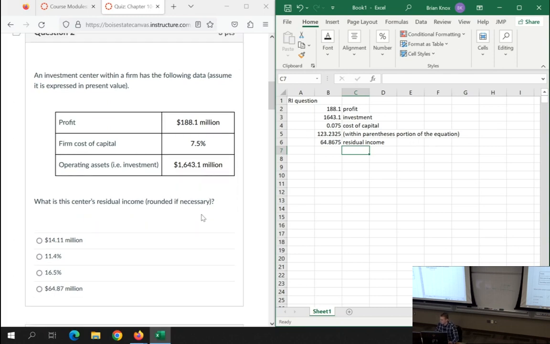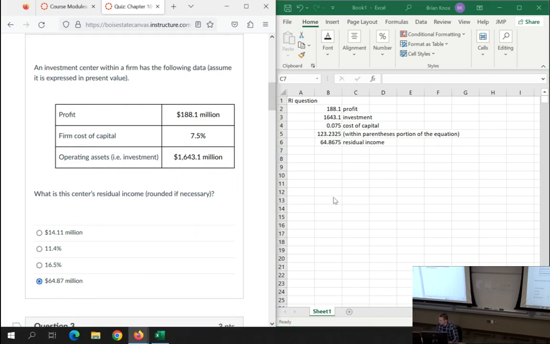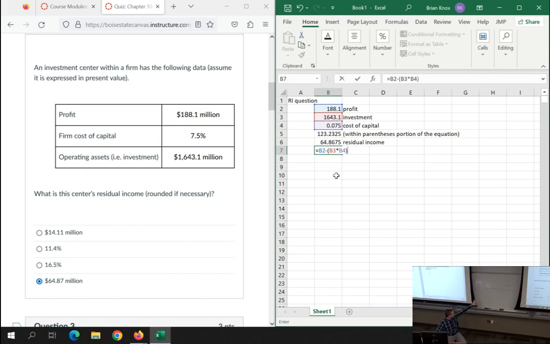All right, so that should be the answer we get. Yep, there it is right there. I could code it entirely in one cell, profit minus investment times cost of capital, and have it map up to the residual income equation right here, and I get the same thing.